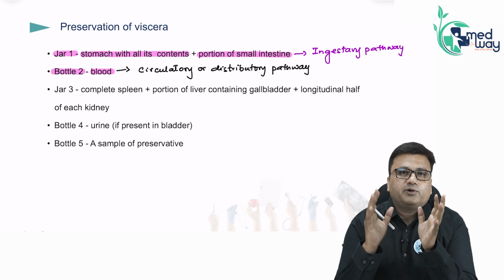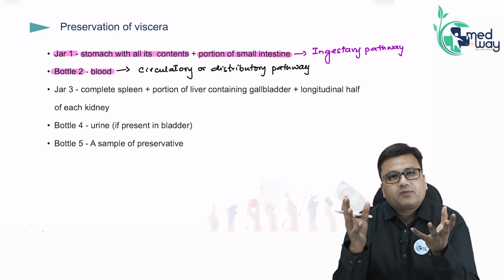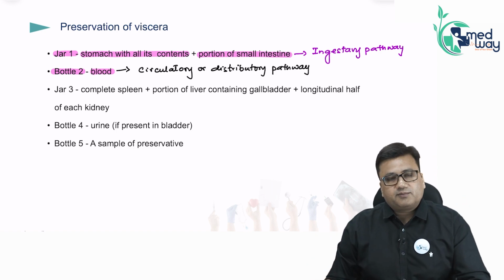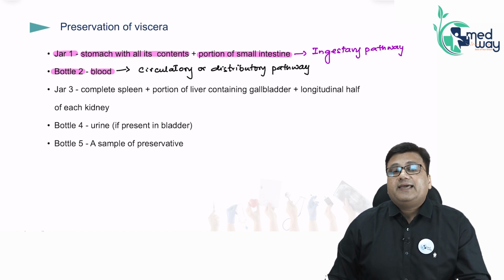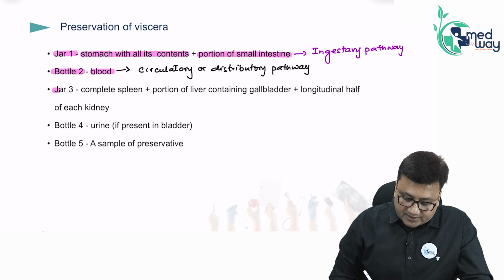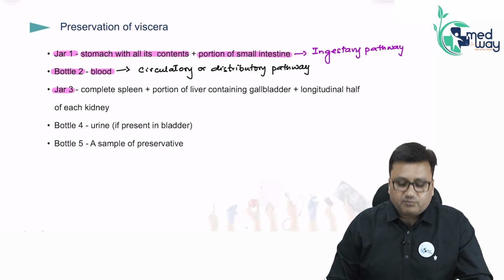Whatever has been distributed or circulated in the body will eventually be excreted out from the body, right. So, the third pathway that we need to preserve is the excretory pathway. We preserve the excretory pathway in a separate jar, that is jar number 3.